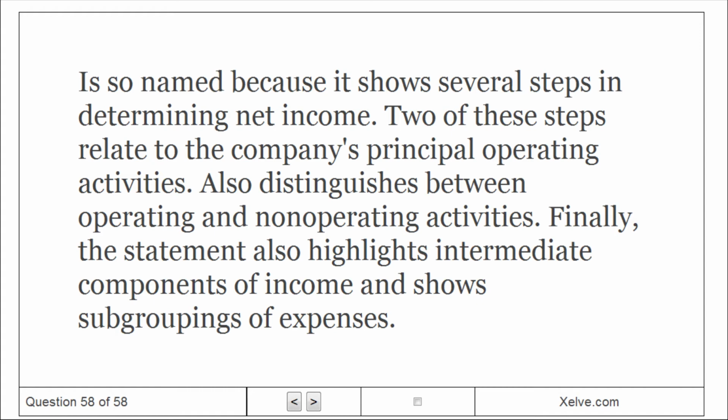Two of these steps relate to the company's principal operating activities. It also distinguishes between operating and non-operating activities. Finally, the statement also highlights intermediate components of income and shows subgroupings of expenses. Multiple step statement.